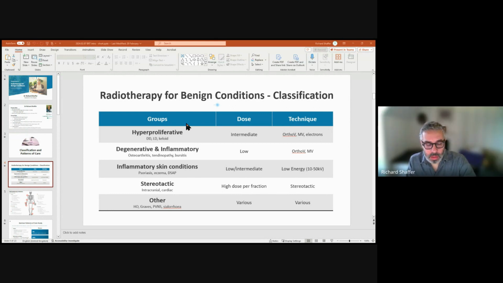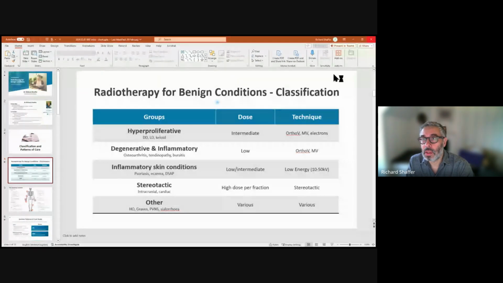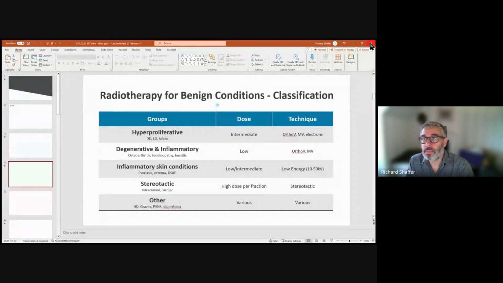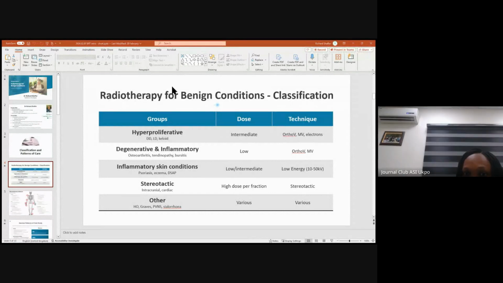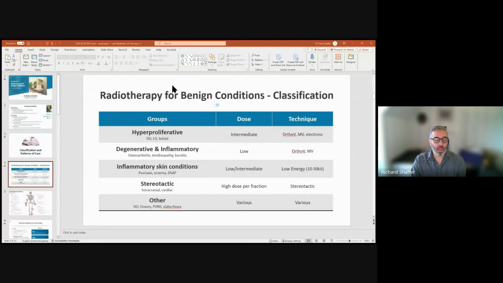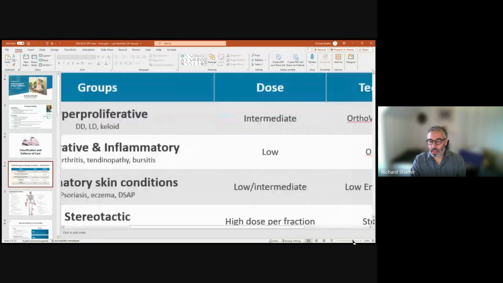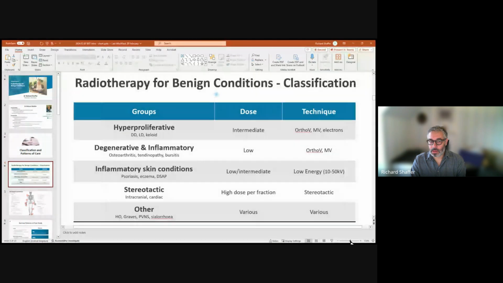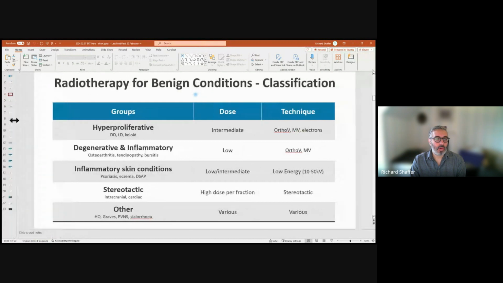I don't know why it's not working. F5. Okay, F5. I'm sorry about that. What I might do is just make it slightly larger, so that it's as big as it can go. There we go. All right. So hopefully that's as big as it can go.